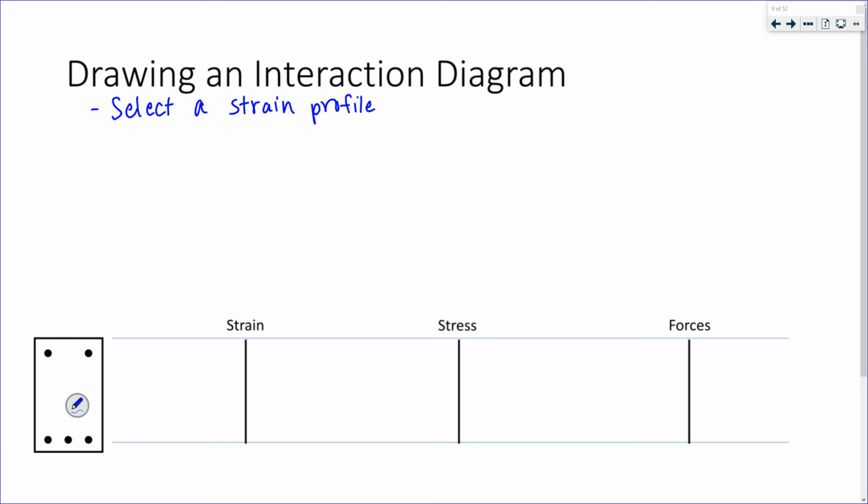Right? Think back to the very beginning. This is all it comes back to, this strain profile, corresponding to a neutral axis depth, which is C. That's the depth to our neutral axis.